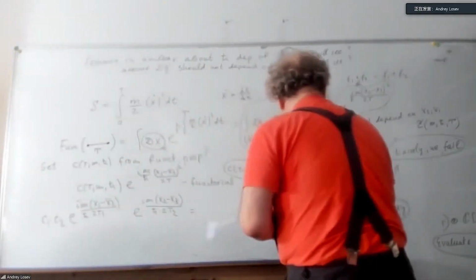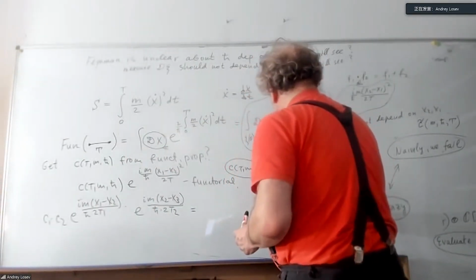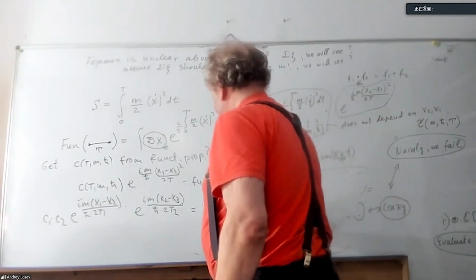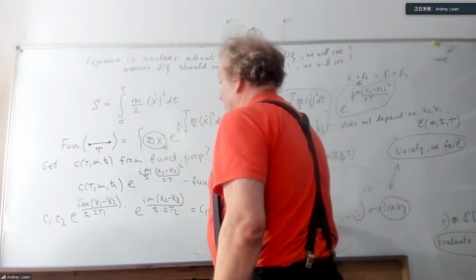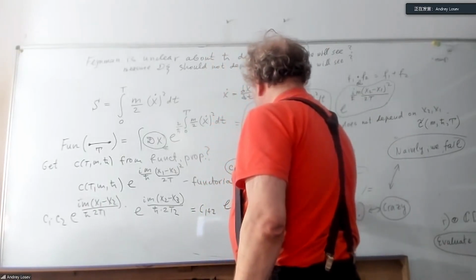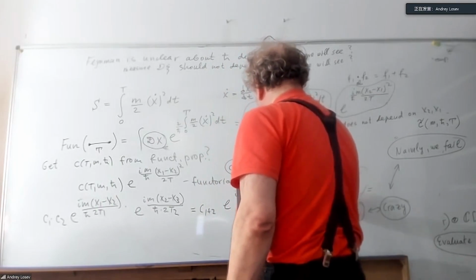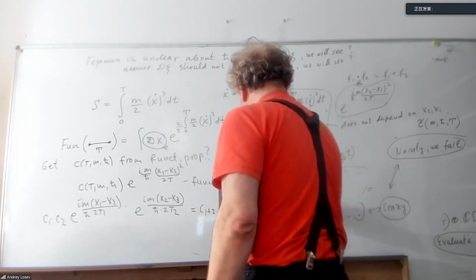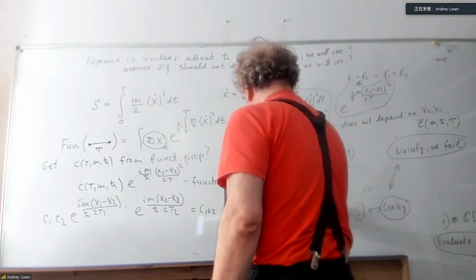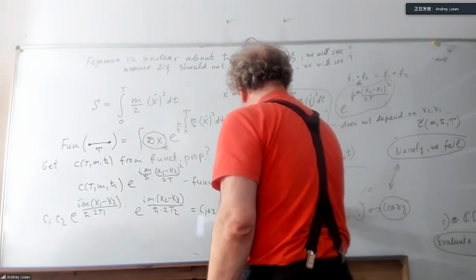I want this to be equal to c1 plus 2, e to the im (x1 minus x3), h, 2 (t1 plus t2).